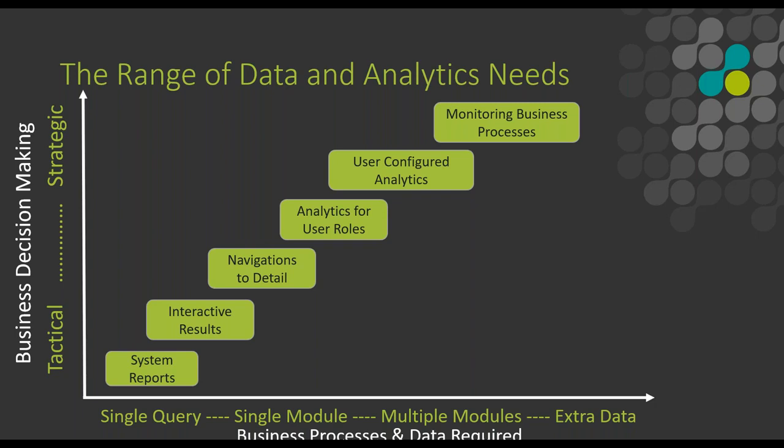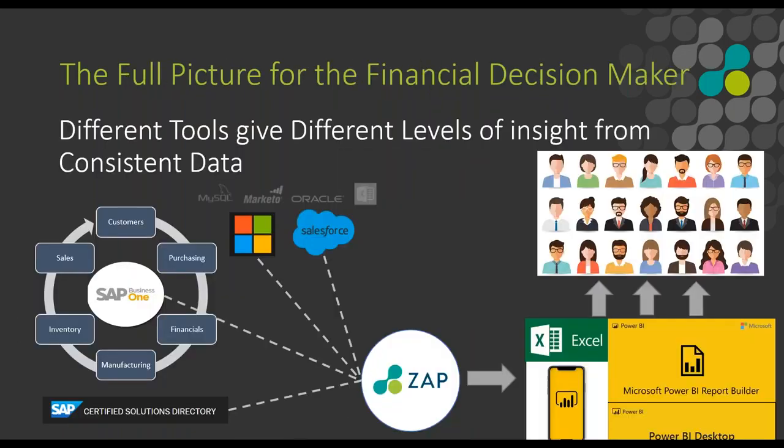That's something that we want to make sure we're giving you the opportunity to present, a much more full picture. From a full picture standpoint for the decision maker, especially the financial one, having Zap Data Hub interact with not only Business One, but also your other ISV applications, as well as other applications within your system portfolio, such as cloud-based or other database applications, means that you get a consistent data platform.